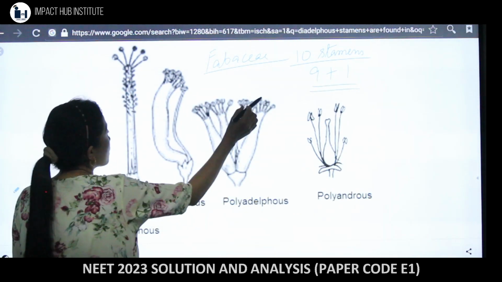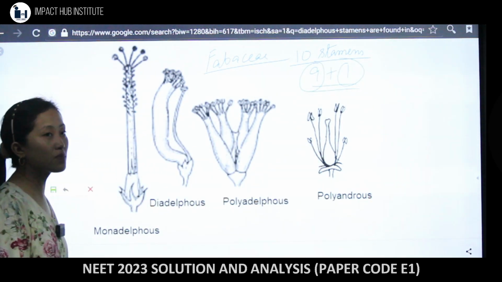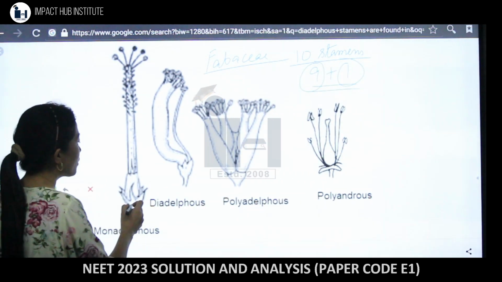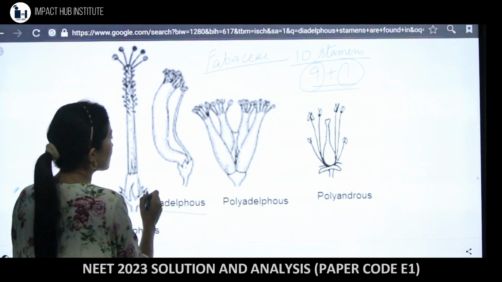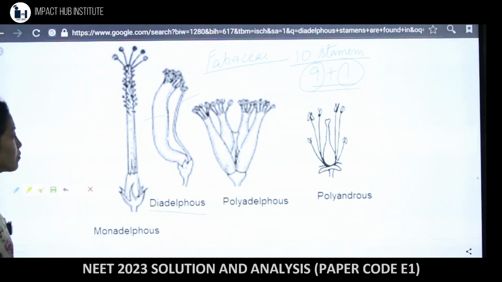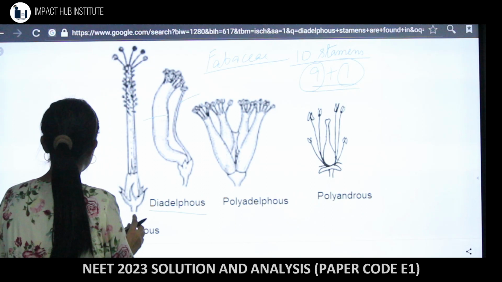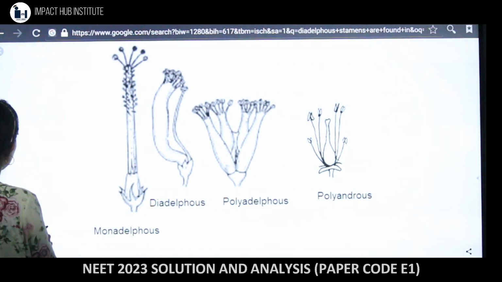So this will form one group and this one will form one group. When the stamens are arranged in 2 groups, we call that condition the diadelphous condition. This is one group and this is the other group. And remember that in diadelphous condition, only the filaments are fused, the anthers are free.